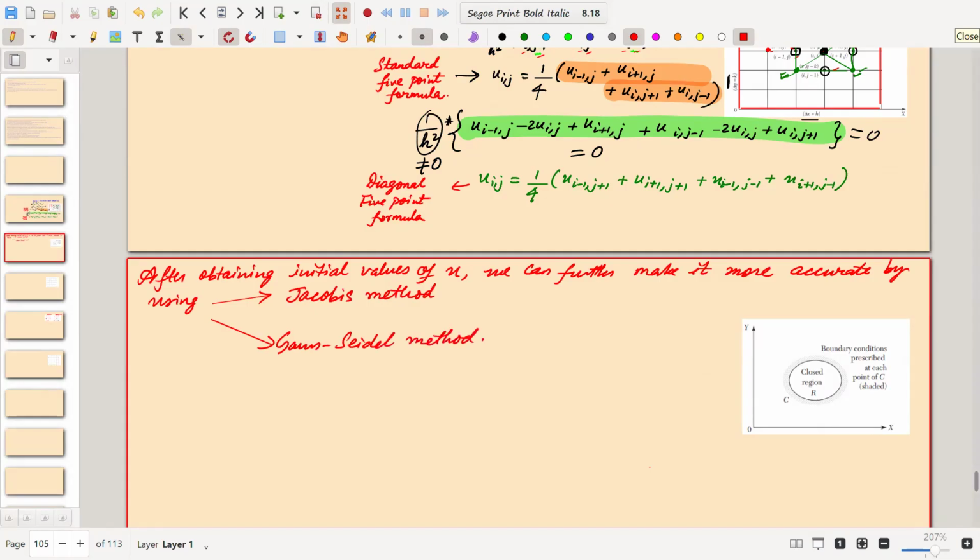That we will see here. You will see that there is not much change, just a slight change in the methods. I hope you remember that in Gauss-Seidel you use the latest value, whereas in Jacobi you don't. So the same idea will apply here.